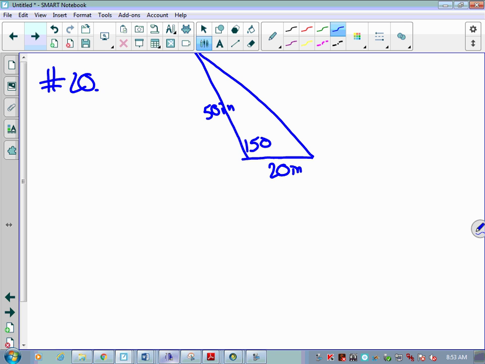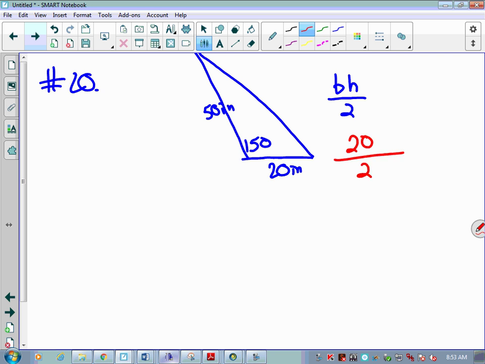And it says find the area. Well, how do I find the area of a triangle? Base times height divided by 2. All right, what is our base in this triangle? 20, okay? Our base is 20.